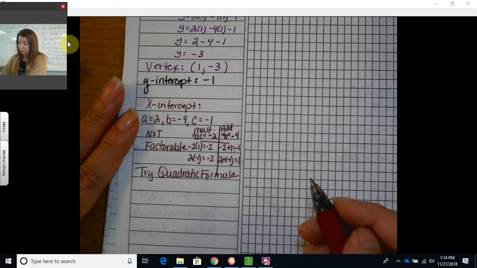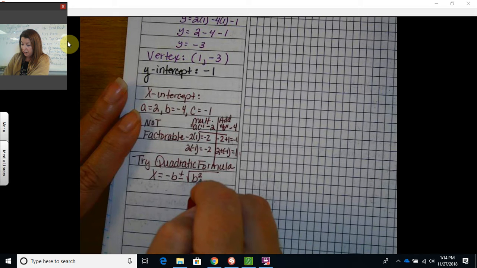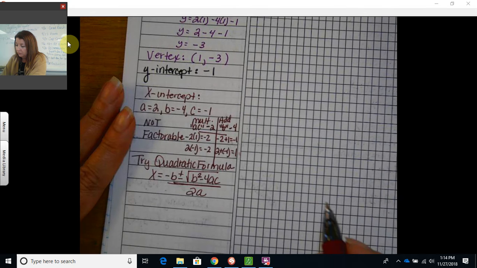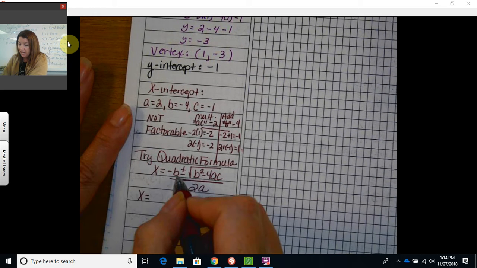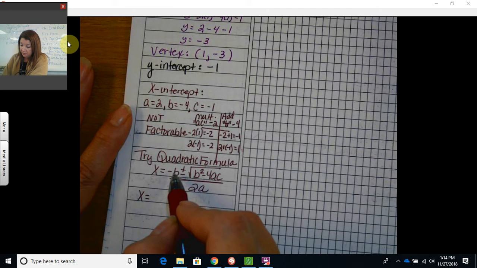Which we know is x equals negative b plus or minus square root b squared minus 4ac all over 2a. So that's x equals opposite of b. If b's negative 4, plug in that negative 4, it's going to turn positive 4, right? Because we'll have a double negative.